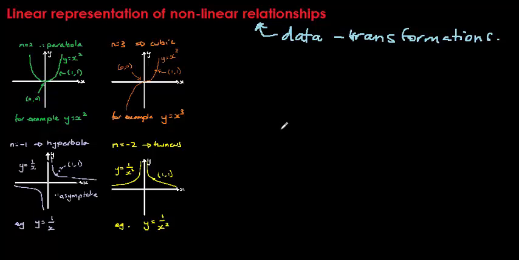Now, if we can establish that the graph we have, or the numbers we have, form one of these particular shapes, then we know how to transform the axis.